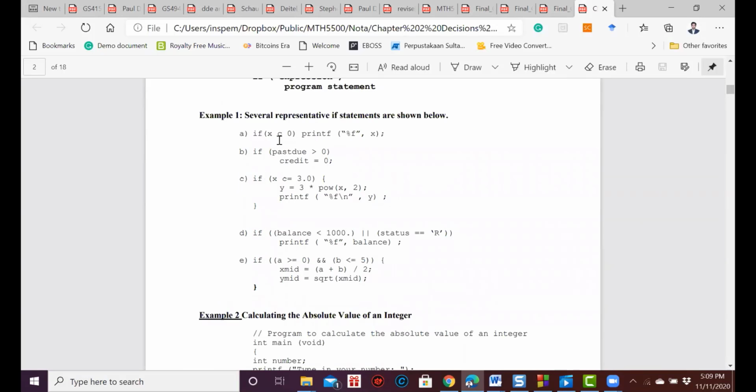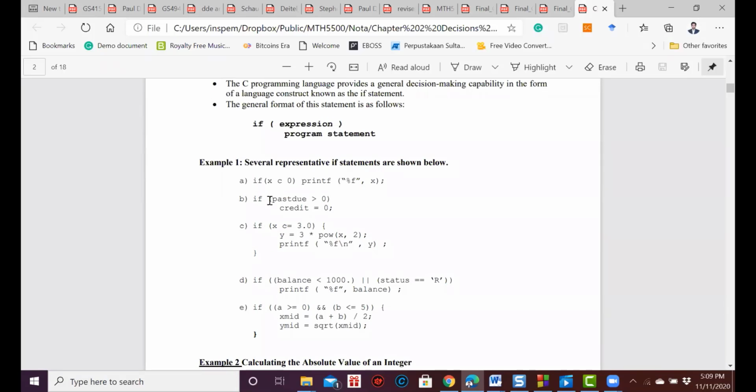First, if x greater than... I think this is a mistake, I will correct it. It should be less than. If x less than 0, then printf x.